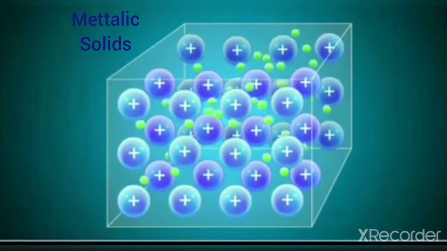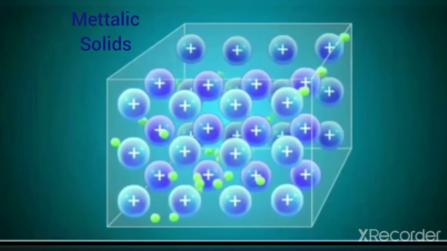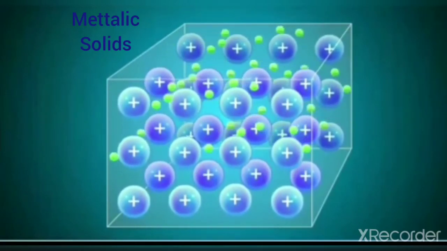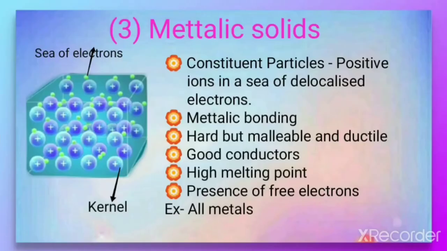Hence, the constituent particles in the metallic solids are positive ions in a sea of delocalized electrons. The bonding between them is called metallic bonding.